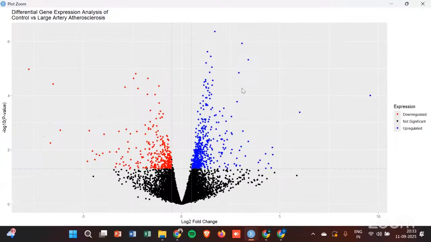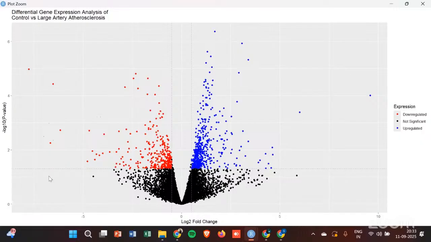Now, what can I make out of this? On the x-axis, my log2 fold change has a negative side as well as a positive side. Genes to the right of 0 are my upregulated genes, and genes to the left of 0 are my downregulated genes. You can also see 3 colors here: red, blue and black.